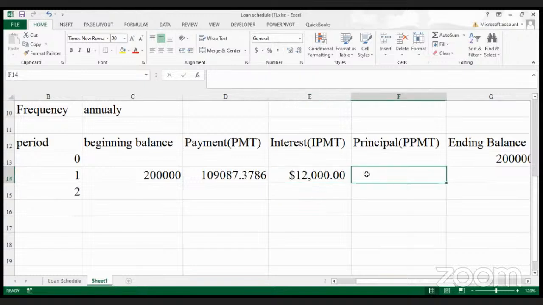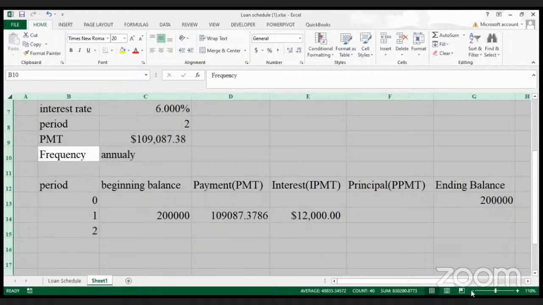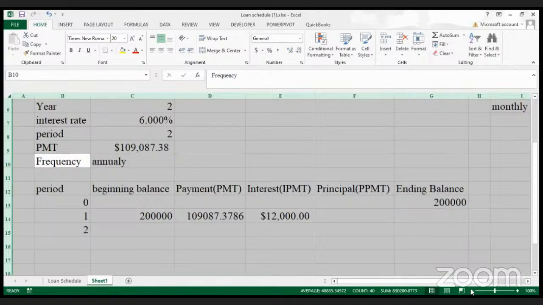What about principal? We are going to use that function to get our principal. So how do we get the principal?